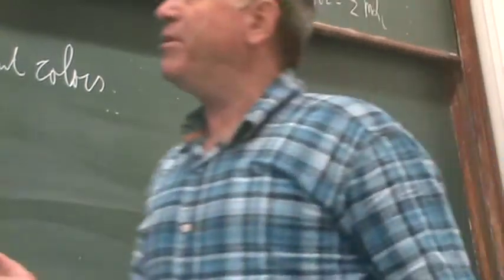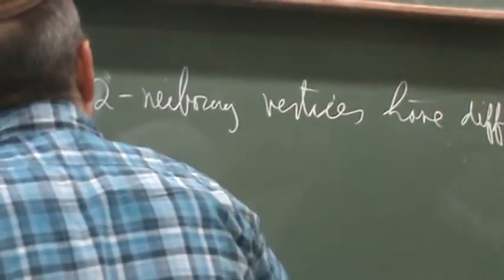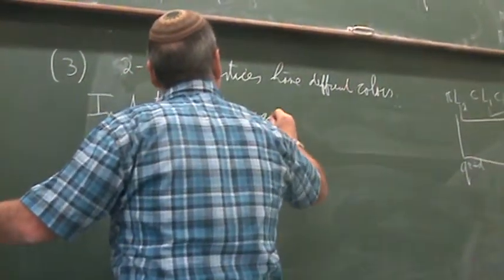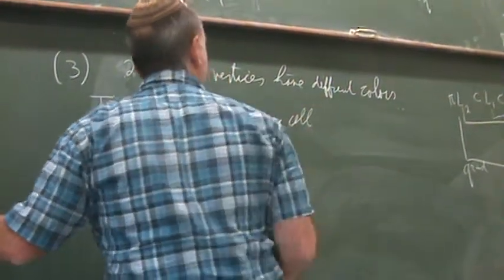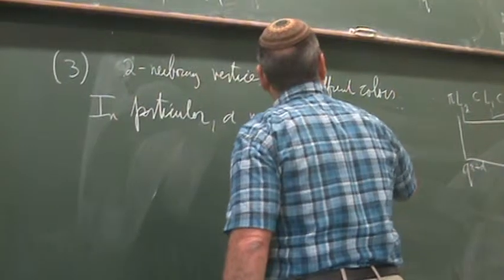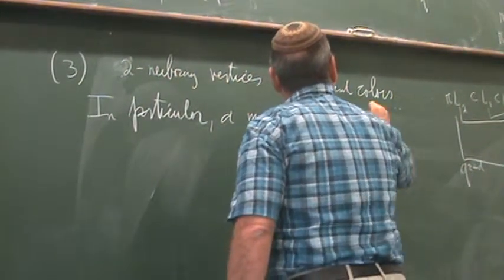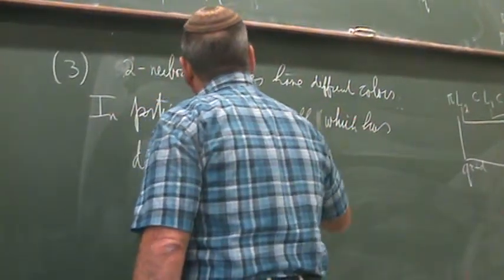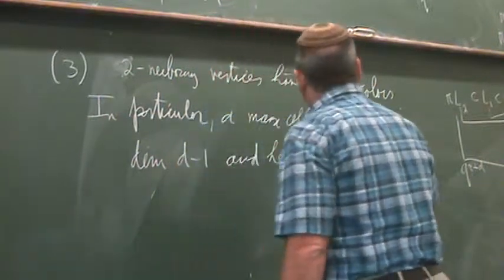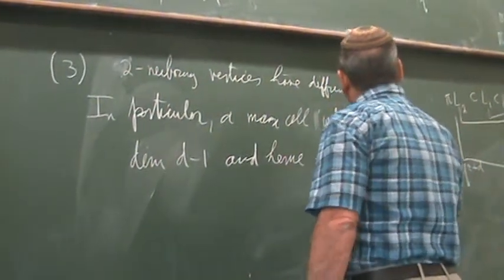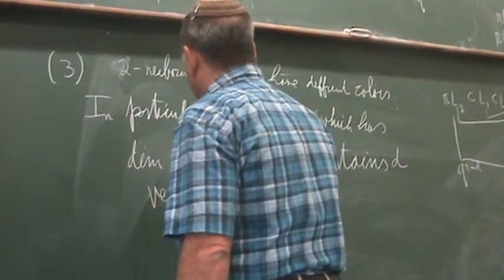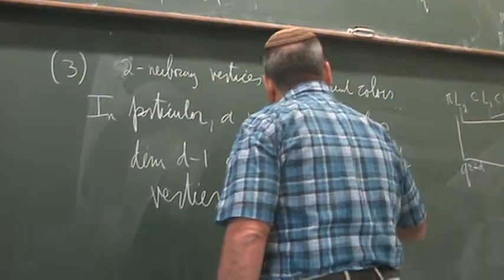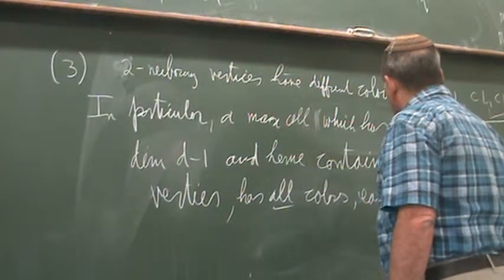But in particular, a maximal cell, which, as we remember, has dimension d minus 1 and contains d vertices, has all colors, each one exactly once.